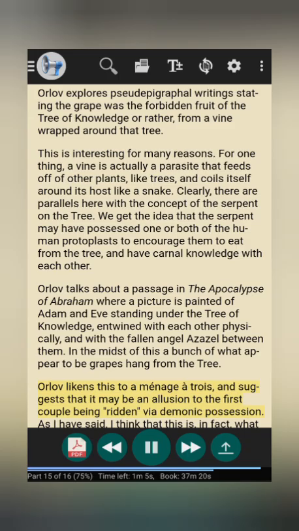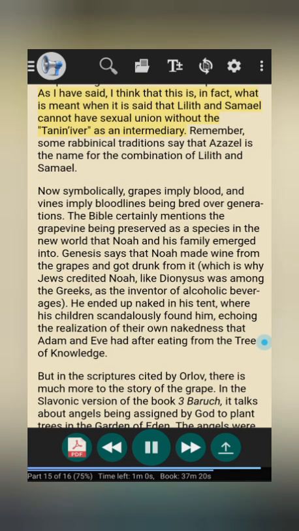Orlov likens this to a ménage à trois and suggests that it may be an allusion to the first couple being ridden via demonic possession. As I have said, I think that this is, in fact, what is meant when it is said that Lilith and Samael cannot have sexual union without the Taninver as an intermediary. Remember, some rabbinical traditions say that Azazel is the name for the combination of Lilith and Samael.